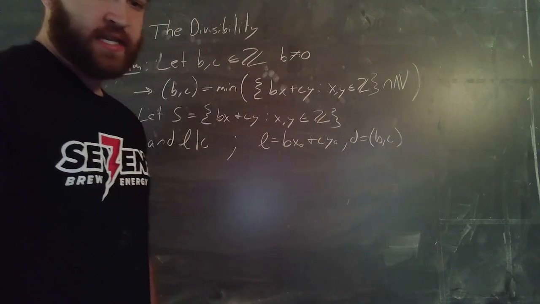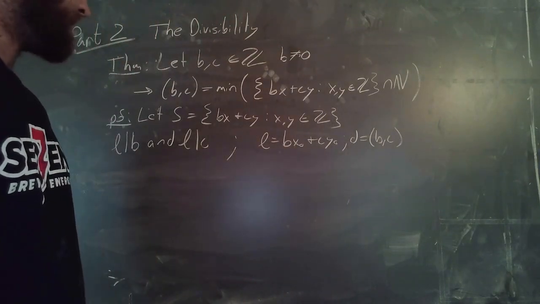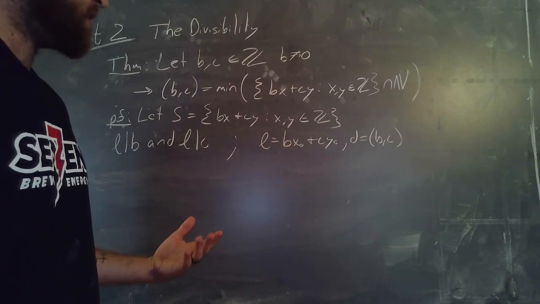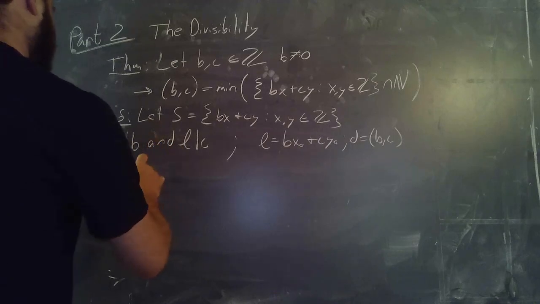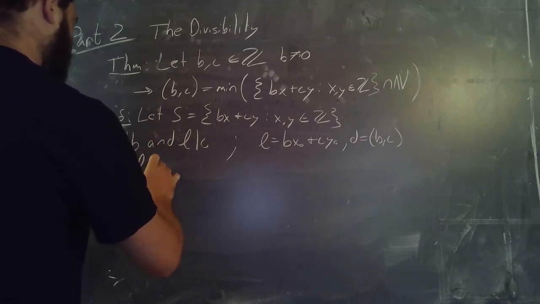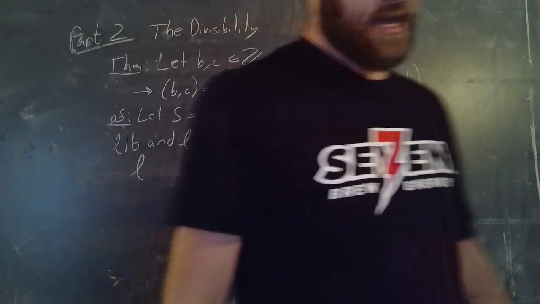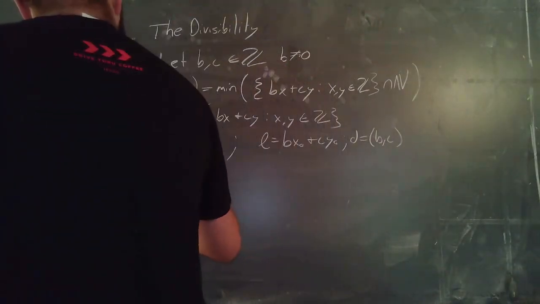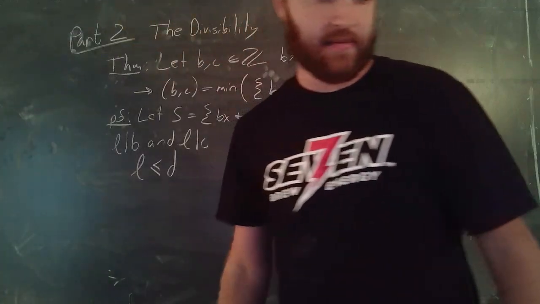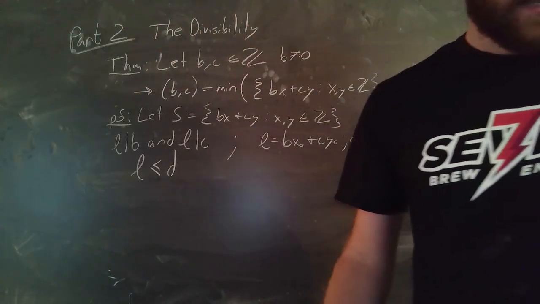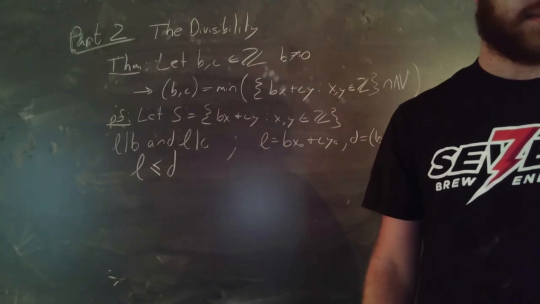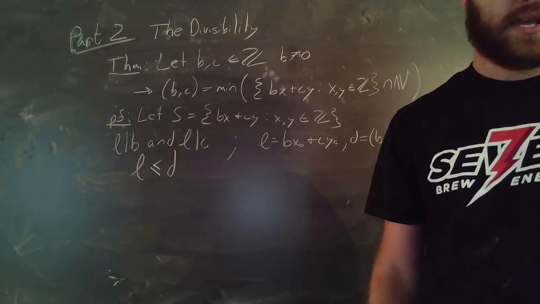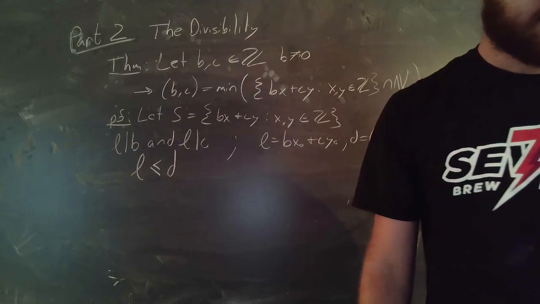Okay, because L is a divisor of b and c, our job now is to show that it must be the greatest common divisor, but all we know at this point is that it is a divisor of b and c. In other words, L must divide b and L must divide c, so L must be less than or equal to our greatest common divisor d. Because it either is just a divisor, which will always be less than the greatest common divisor, or it will be equal to our greatest common divisor.